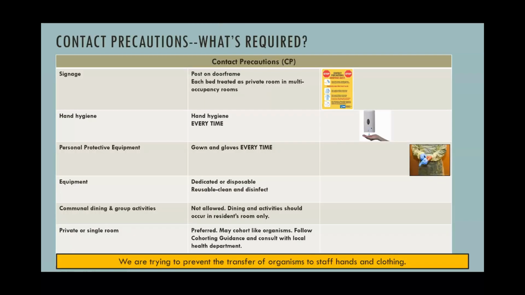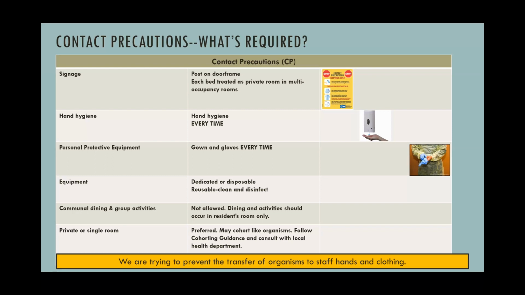What's required for contact precautions? Again, you must post the sign on the door frame. Each bed should be treated as a private room in multi-occupancy rooms. Hand hygiene should be performed every time upon entry and exit. Gowns and gloves should be worn every time for all resident care.